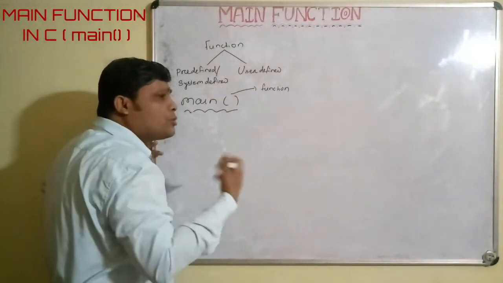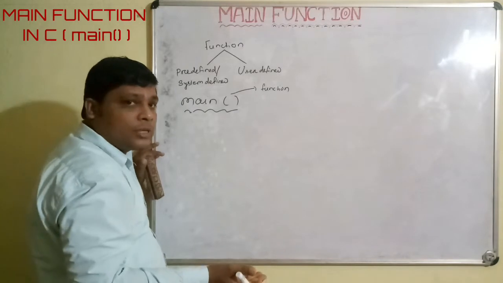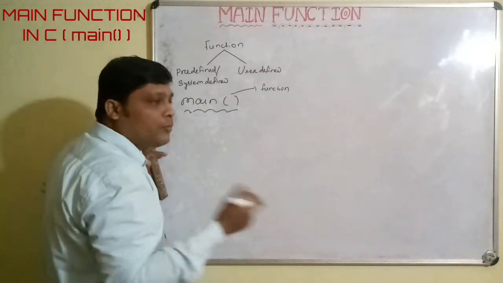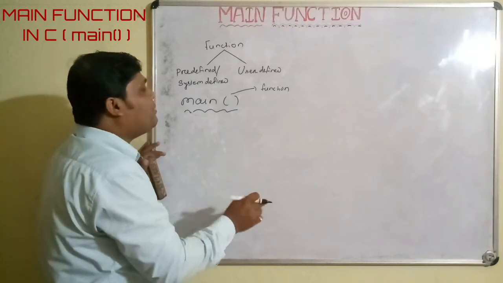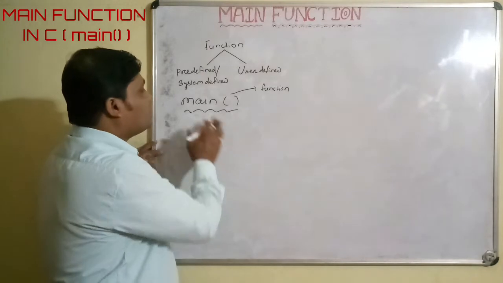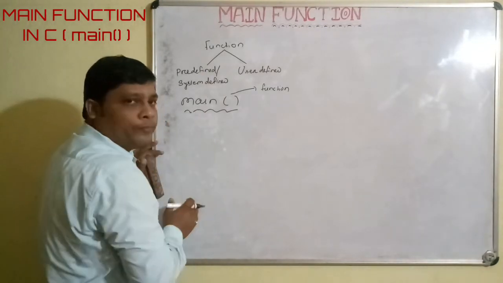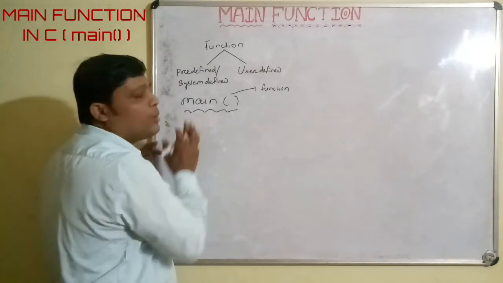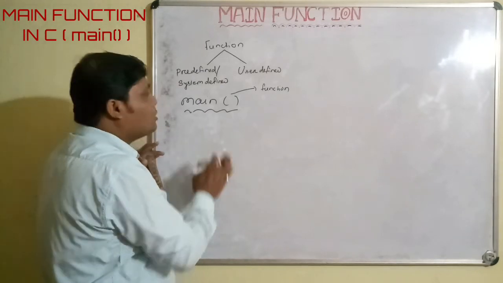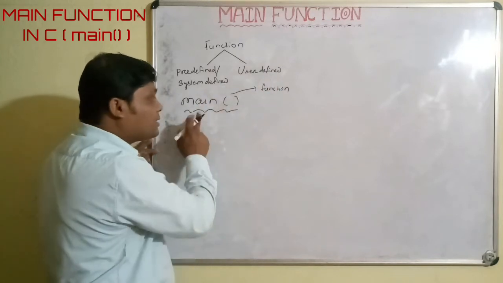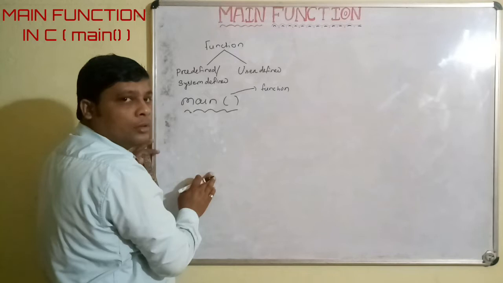So what the main function will do, whether it will add two numbers, subtract two numbers, or find the factorial of a number, it is defined by the user generally. User defines what the main function will do. Clear? It writes the code for the main function. So main is a user defined function, but its name is predefined.